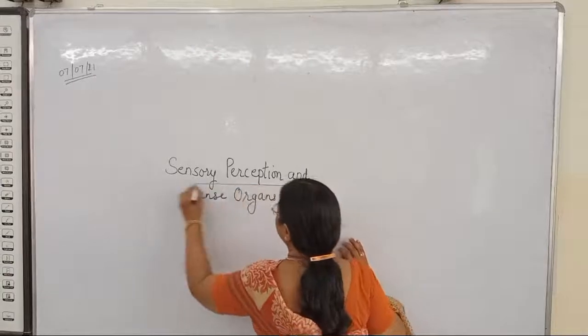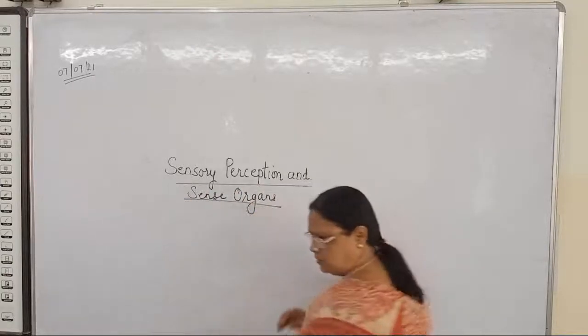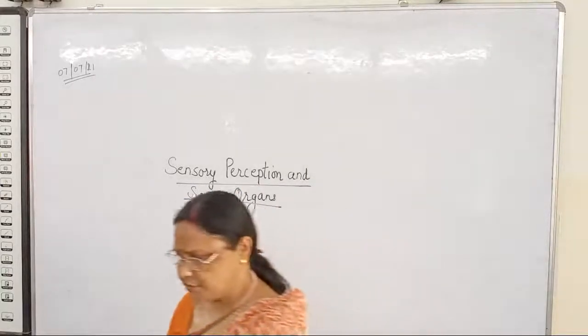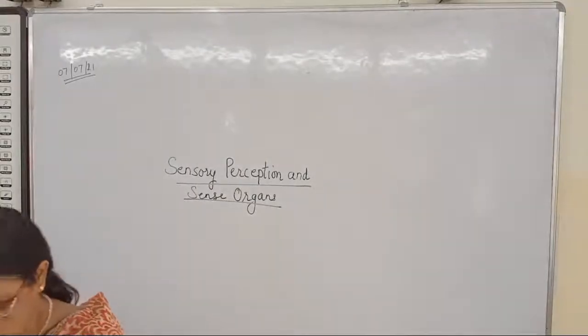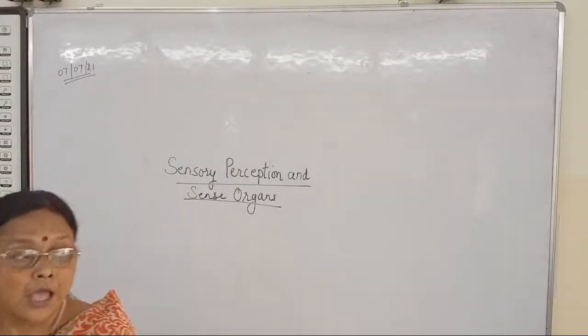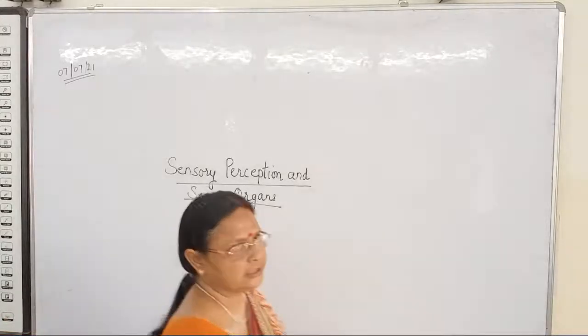Now, as I told you earlier, the nervous system has two parts. One is sensory and the other is motor.